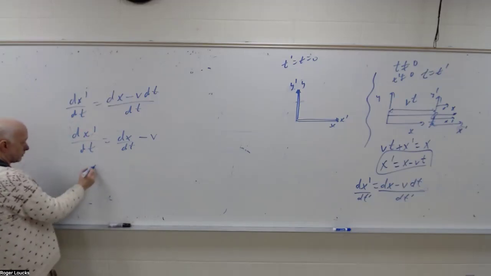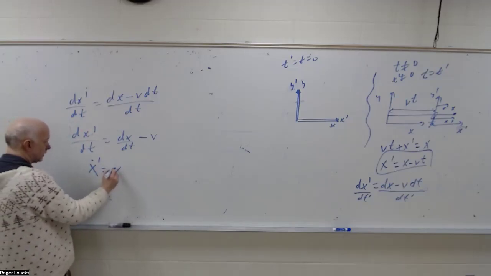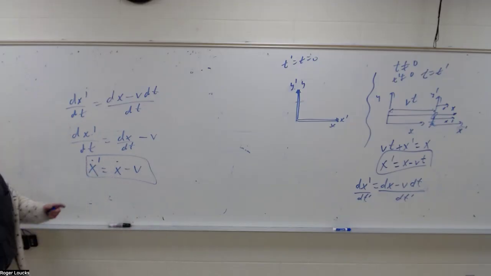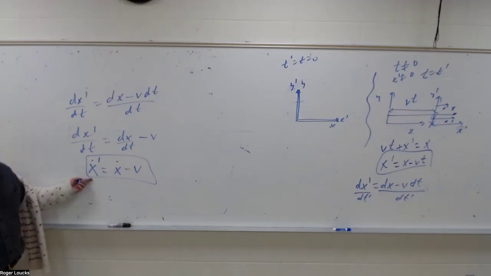What is this? This is nothing but x dot prime equals x dot minus v. And you can go through almost all your life using this equation and have it work perfectly.